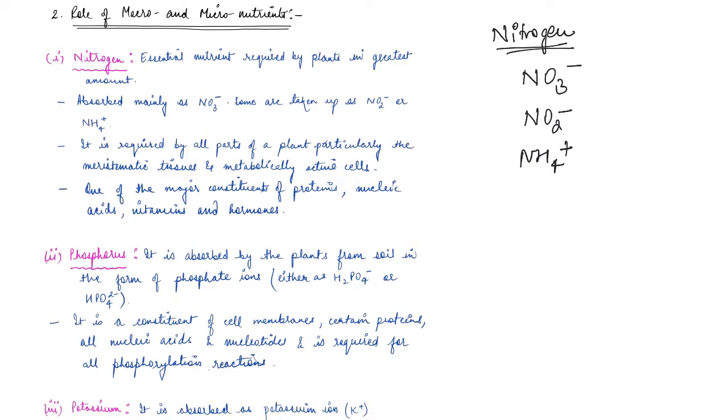Nitrogen is required by almost all parts of a plant, and particularly by the meristematic tissues and metabolically active cells. We'll have to remember this: they are required by all parts of the plant, but in particular by meristematic tissues and metabolically active cells.